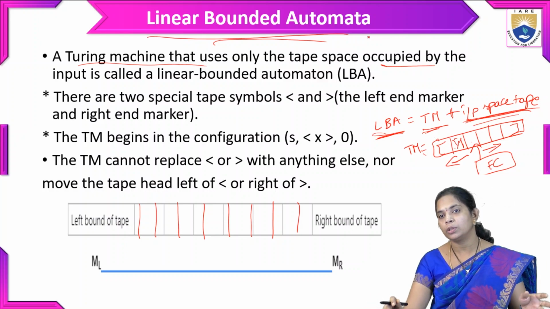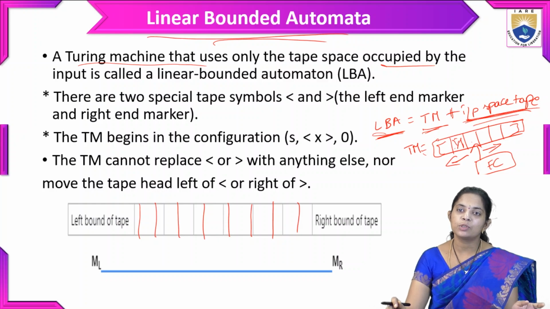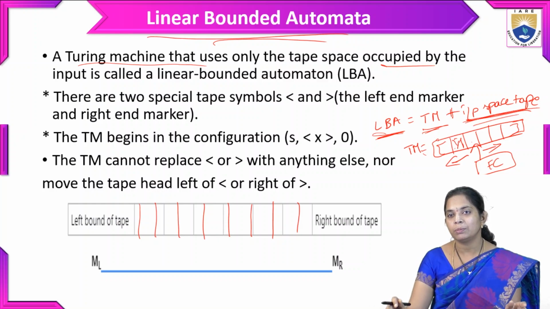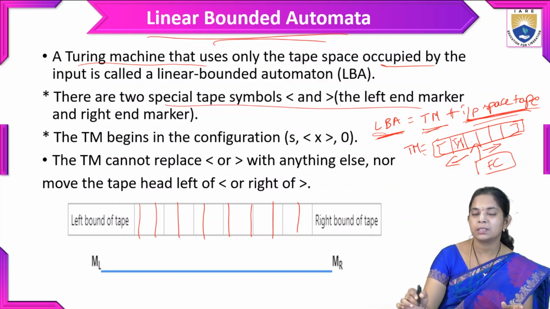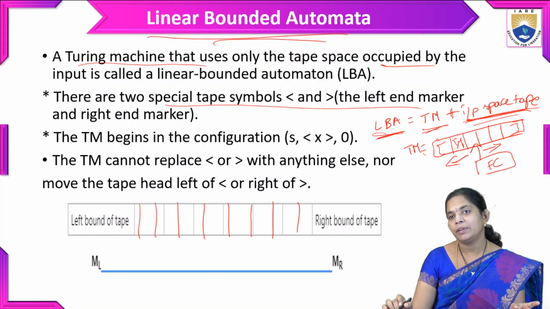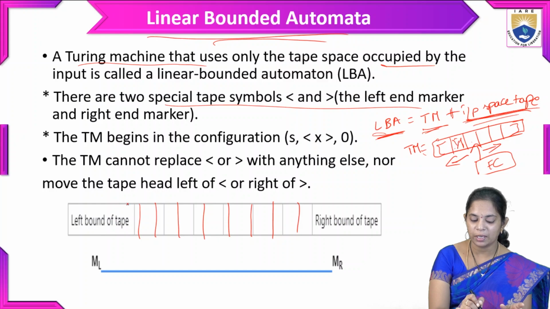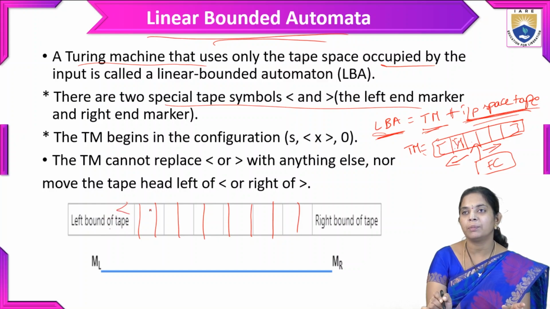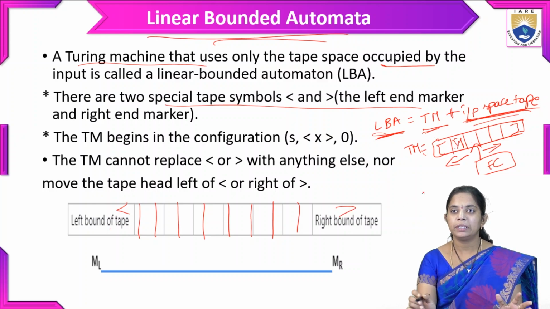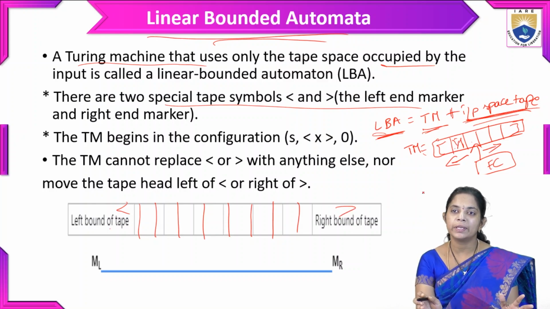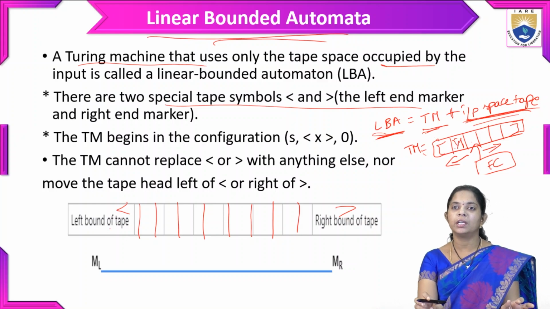The input is bounded in between the two symbols on the input tape. So there are two special symbols, the left hand marker and the right hand marker. We can represent them as the left bound of the tape and the right bound of the tape like this. By seeing this tape, we can say it is a linearly bound rather than infinite memory Turing machine.